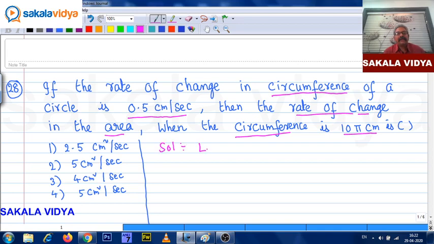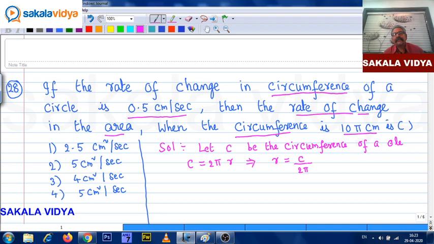Let C be the circumference of a circle, C is equal to 2 pi r. Here r we can find out. R is equal to C by 2 pi. And what is given here? dC by dt is given. The rate of change of circumference is given, that is 0.5 centimeter per second.